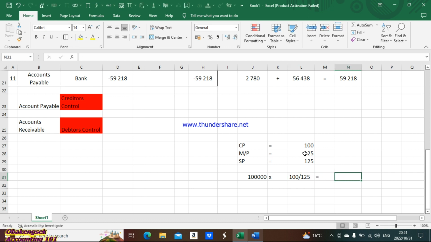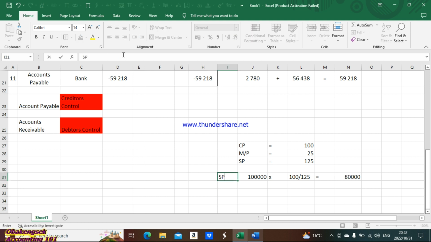And this one is equal to 100,000 multiplied by what we want, divided by what we have. That gives us, yes, 80,000.